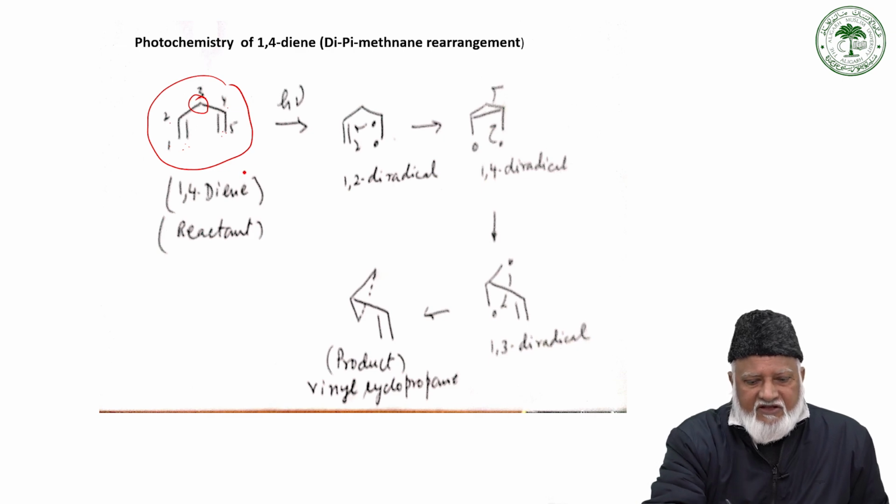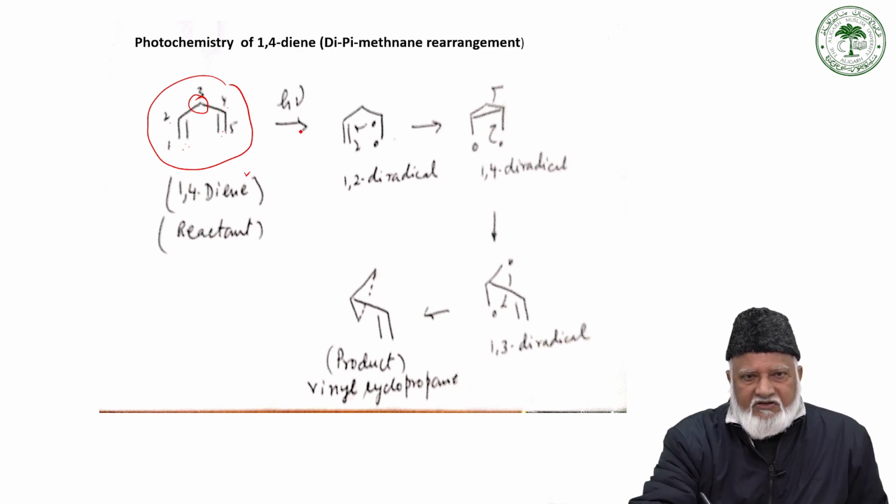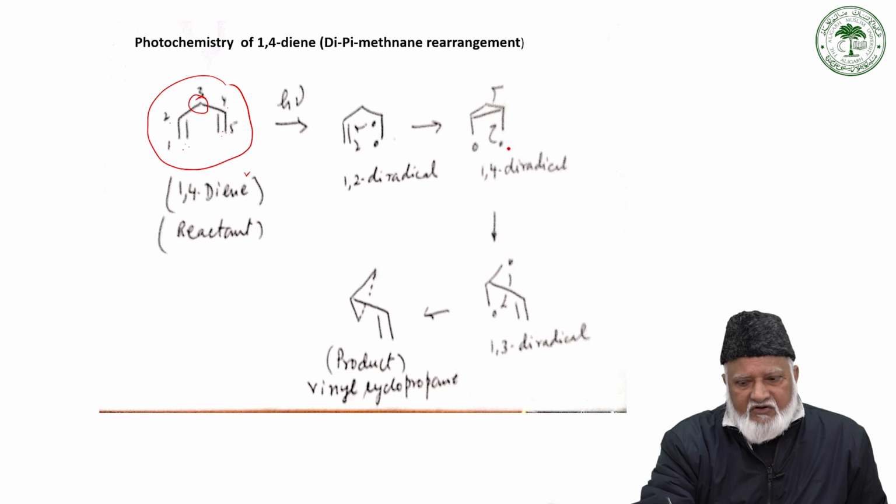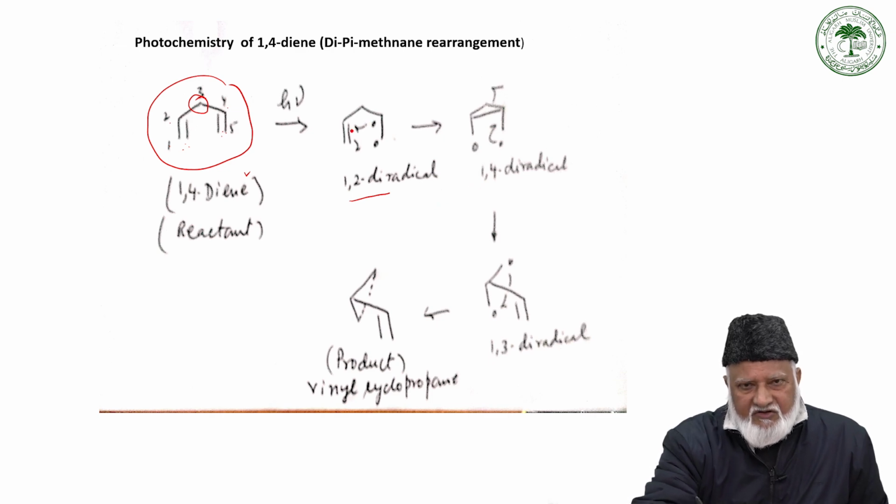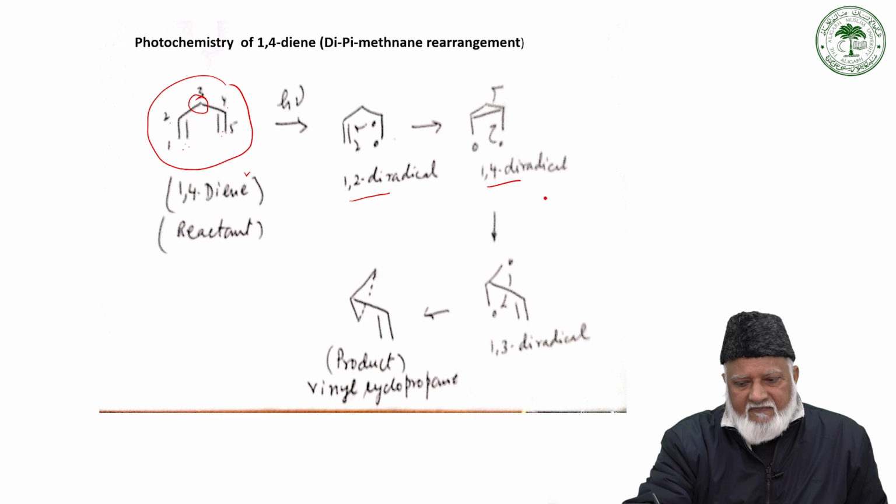When we have a system like this, under photolytic conditions one of the double bonds gets excited to give a 1,2 diradical, which may then cyclize to give a 1,4 diradical via the formation of a cyclopropane.